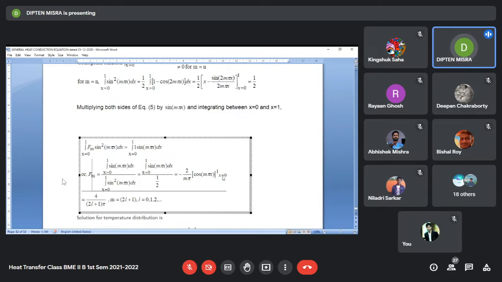So what is happening here is cos 0 minus cos m pi. Now cos 0 is 1, so it is 1 minus cos m pi. Now 1 minus cos m pi, it is equal to 1 minus what? Plus or minus 1, depending on whether m is even or odd.